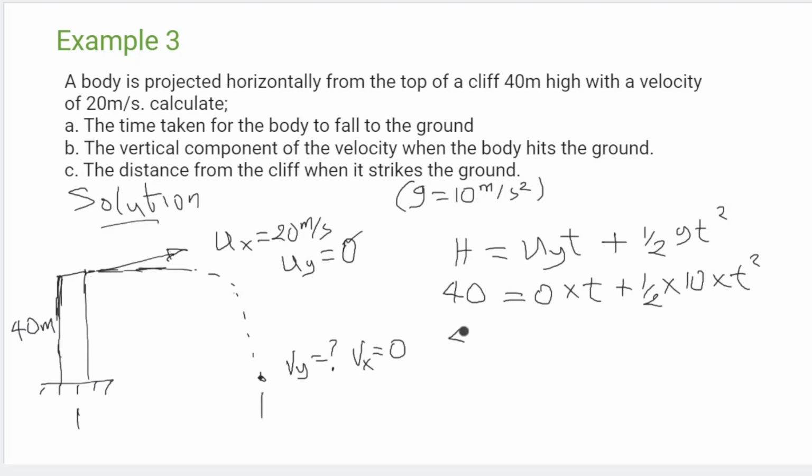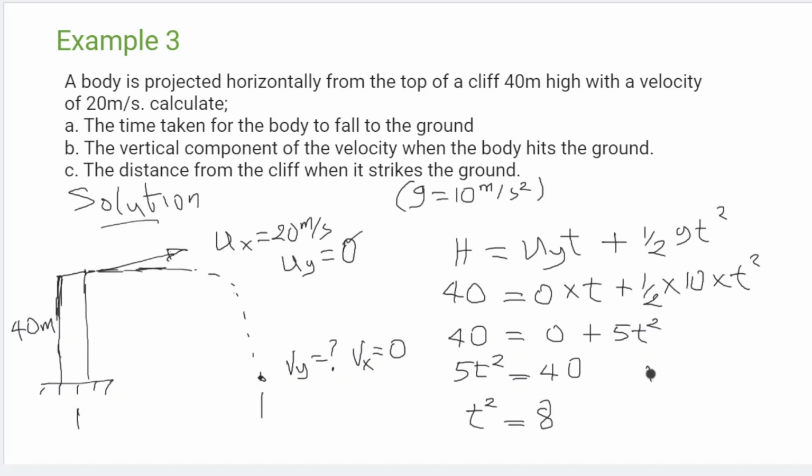So we have 40 equals 0 times t, which gives us 0, plus half into 10, which gives us 5t squared. So we're going to have 5t squared equals 40. Divide both sides by 5, and we have t squared equals 8.